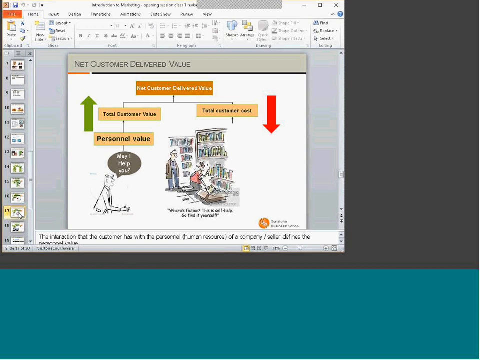A very recent example. My son cleared his NTSE, and he's one of the 775 nationally selected scholars for this year. Now, for his NTSE scholarship, he's supposed to open an account only in the State Bank of India.